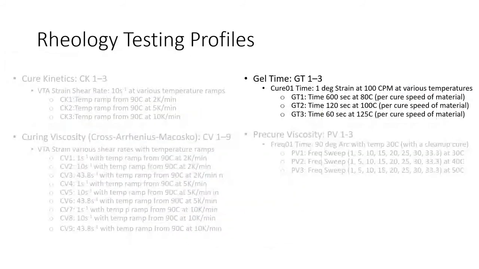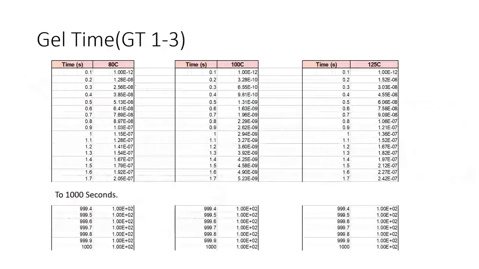And then gel time. Focusing on gel time, that's where we're going to be taking a look at time at a constant temperature. These aren't temperature ramps now. And we're looking for a long drawn out test, and in this case, we did 1,000 seconds. Now, the temperatures need to vary.